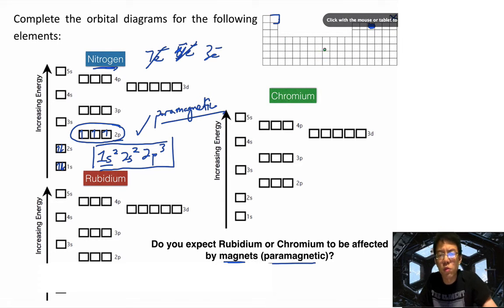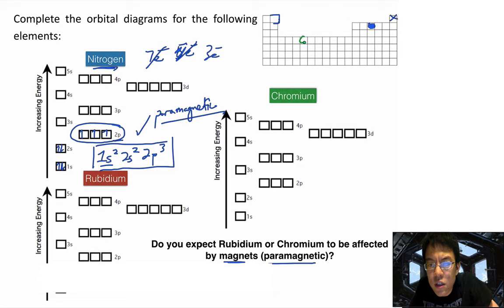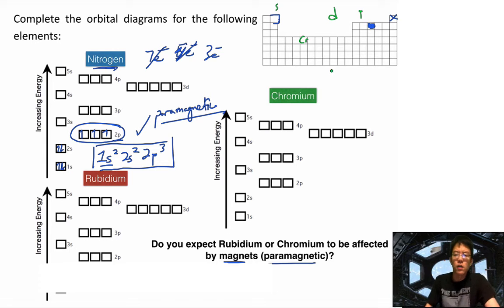Now let's move to chromium. Chromium is in the d block. Remember the s, p, d blocks right here. Let's figure out how many electrons chromium has. Counting across the rows, I get 24 electrons.